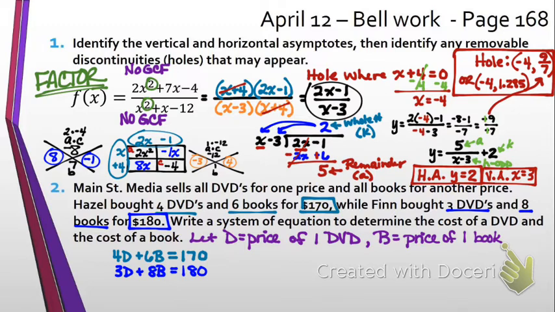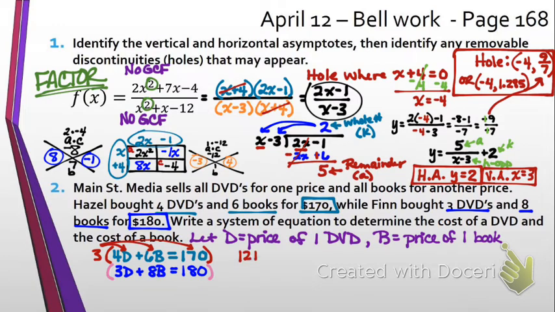Do you want to make the DVDs or the books cancel out? DVDs sounds good. So I'm going to need to multiply both of these equations. If I want to make the DVDs cancel, what can I multiply the top by? 3. So I'm going to take a 3, I'm going to distribute it to every single piece.